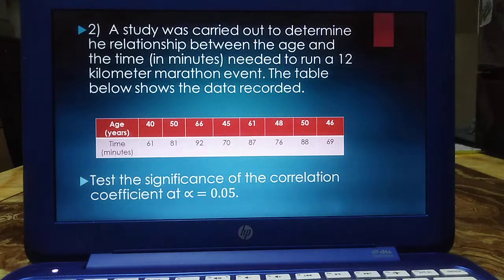So first, remember, you have to also get the table in the t-distribution. Under the column of 6, which is 8 minus 2, at 0.05 level of significance.